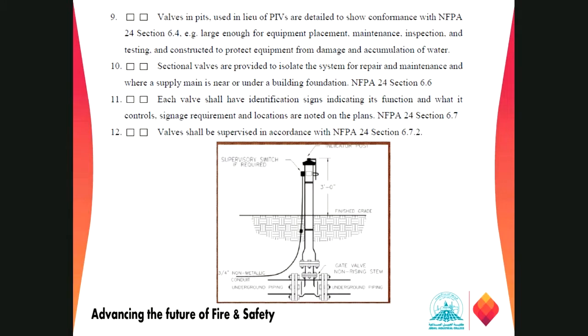Here we have a PIV. Here we have a PIV connection, right? Normally, for all of the hydrants, we need one connection. This is an underground main network, and this is connected by a PIV here, right? It is an indicating type, so at the top we can see it is open or closed, right? And it is also supervised.